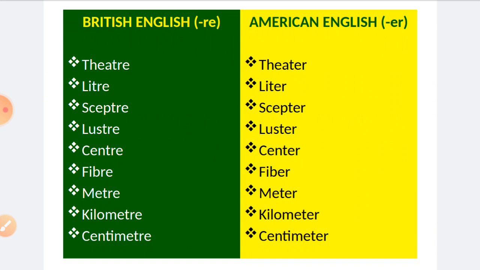Similarly, the same pattern is seen in other words like litre, then we have sceptre, centre, fibre, metre, and so on. So the RE is replaced with ER in American English. That's the next difference between the two.